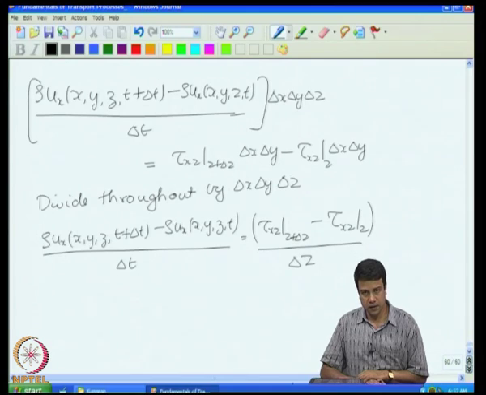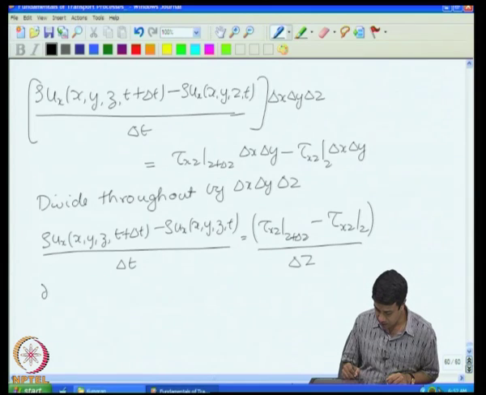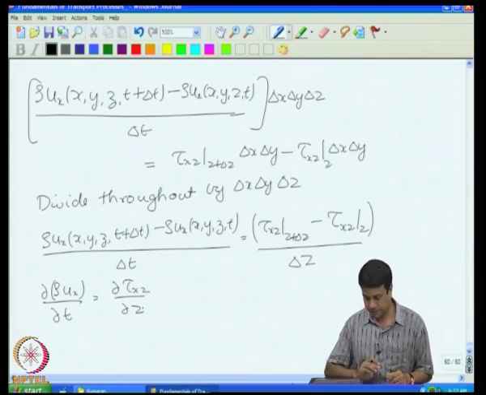Now, once again I take the limit of delta t and delta z going to 0, and my equation becomes partial of rho ux by partial t is equal to partial tau x z by partial z.